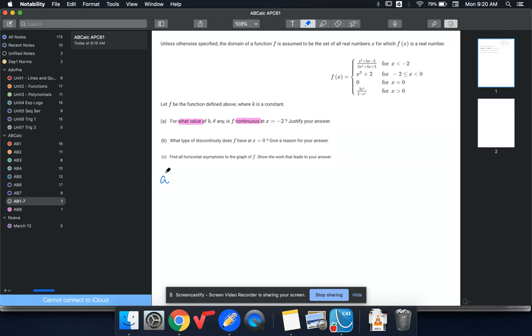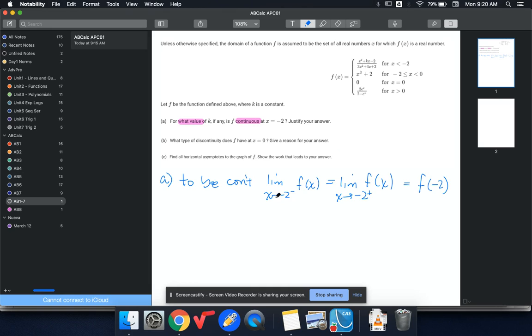Well, to be continuous, we know that the limit as x goes to -2 from the left of f of x has to equal the limit as x goes towards -2 from the right of f of x, and that has to equal the f of -2 value.